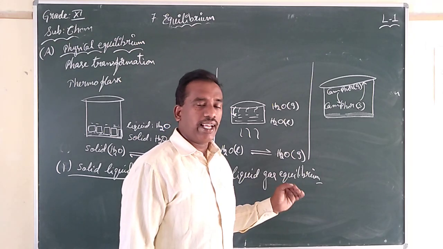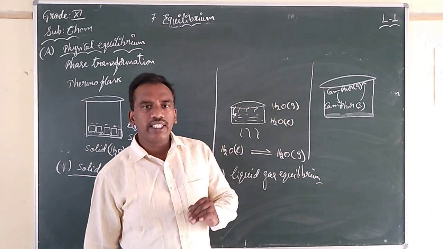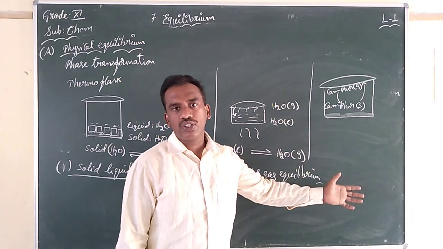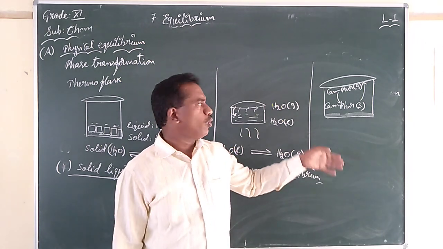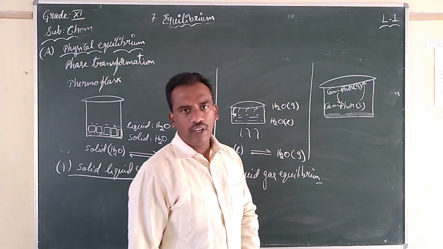Means they are happening at the same speed. The amount of solid state of matter converting into gaseous state of matter is equal to the amount of gaseous state of matter converting into solid state of matter.